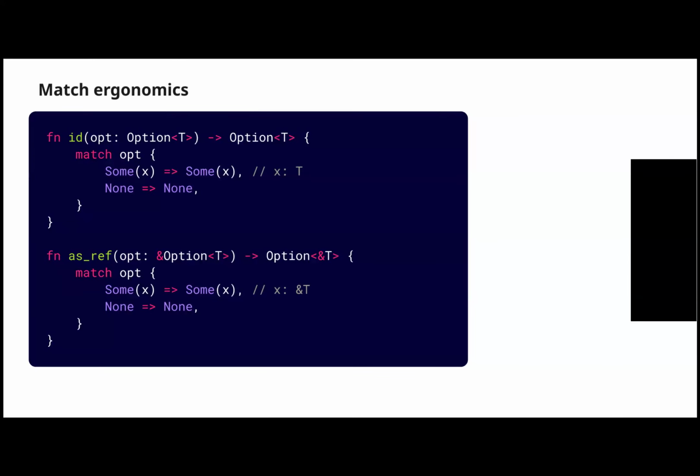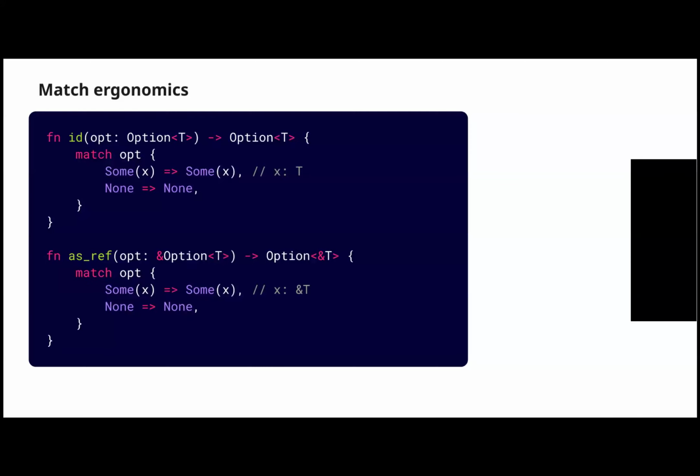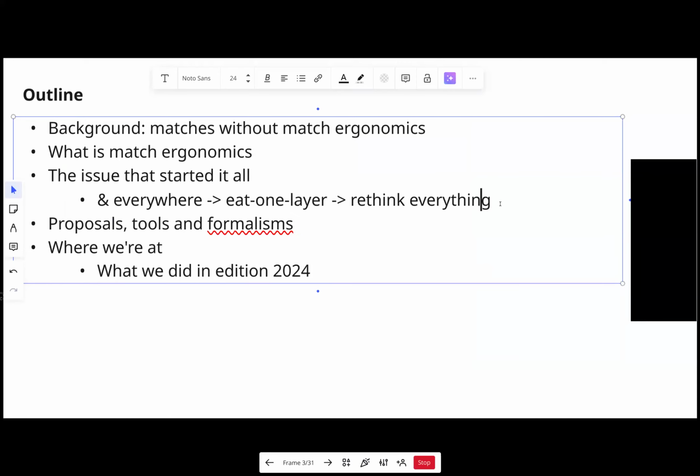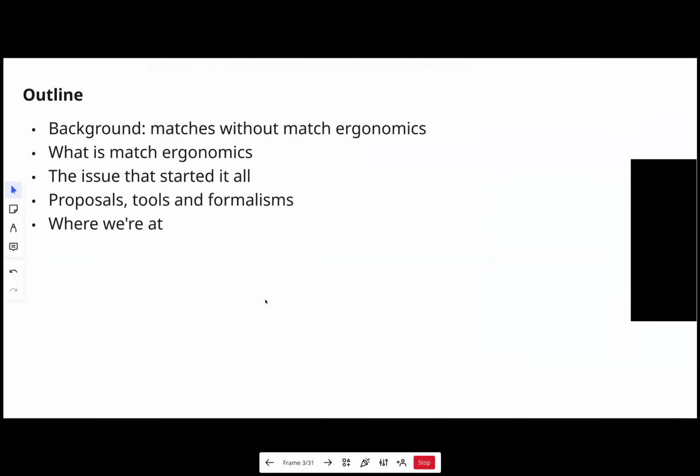The outline is: I'm going to explain what match ergonomics is today in Rust with a bit of background about how it came about.